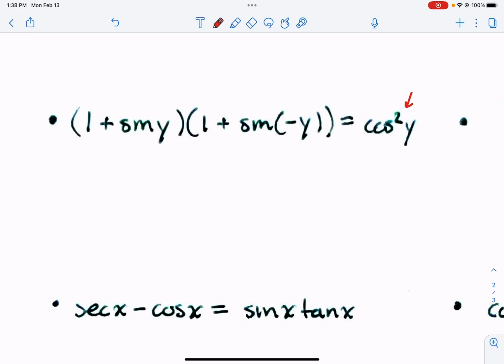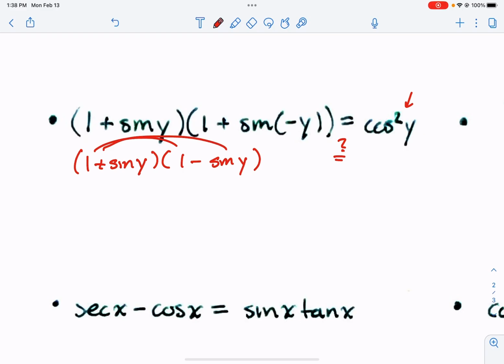As a first step, I would deal with this negative sign first, right? We know the odd identity for that. We can pull that out of the sine function. So this will turn into 1 minus sine of y. Now, let me just keep consistent here, no parentheses. All right, so now let me distribute this out.